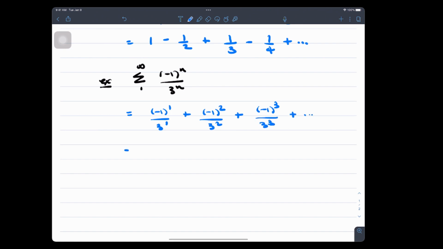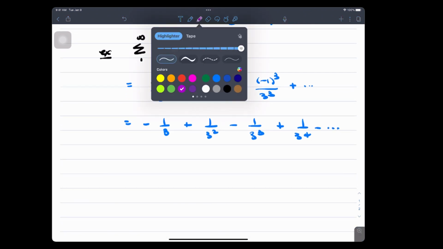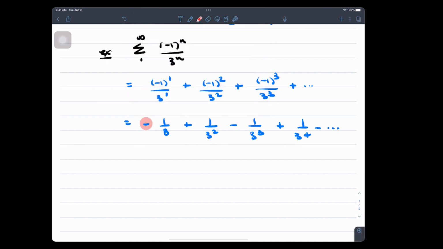Okay, so if you start to look at these terms, you can say, oh, that starts at negative 1/3, and then it got negative 1/3 to the second power, and then it goes back to a negative sign. 3 cubed, and then it goes on forever. So this is alternating between minus and plus.